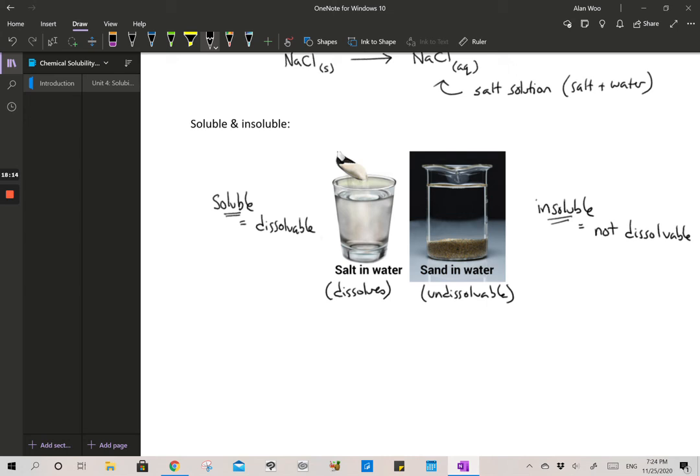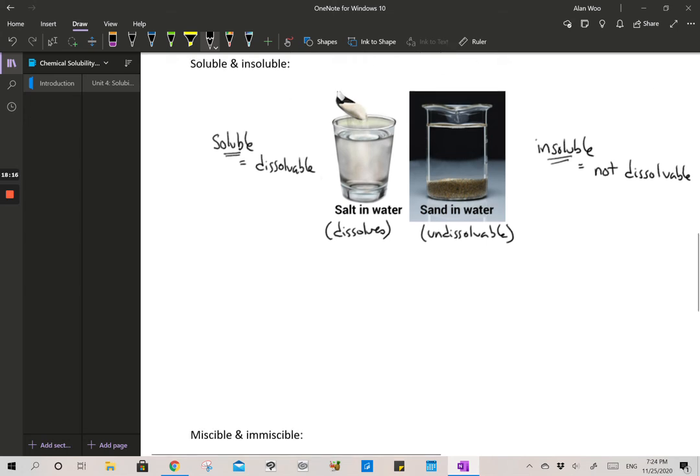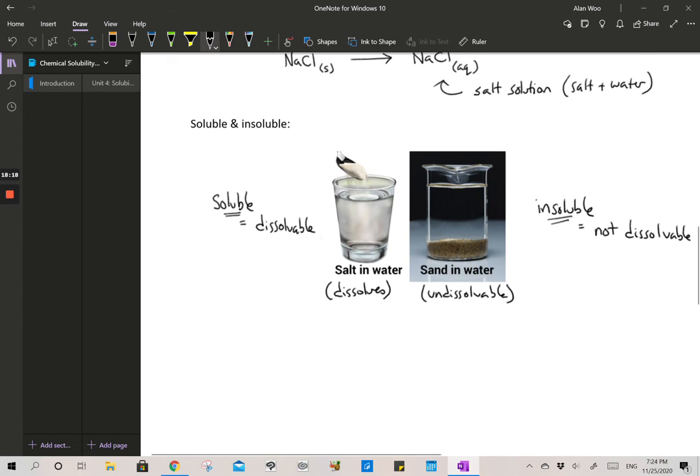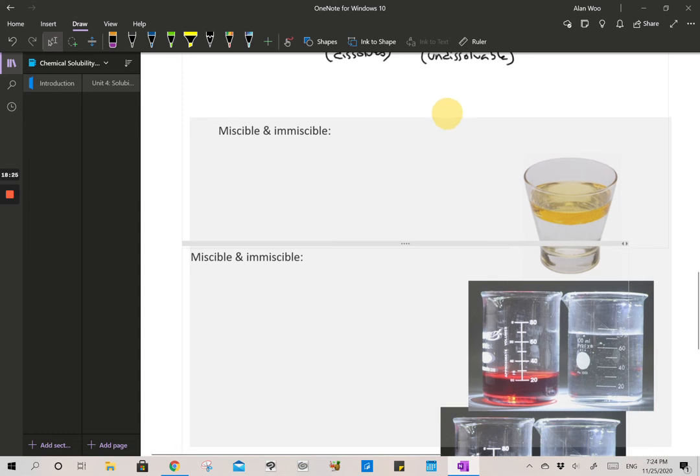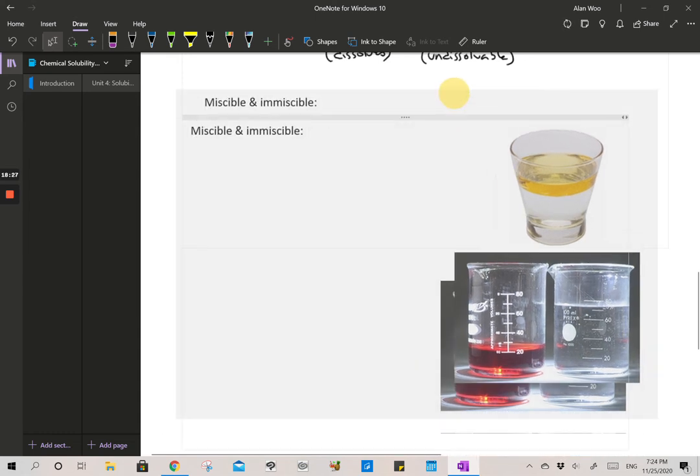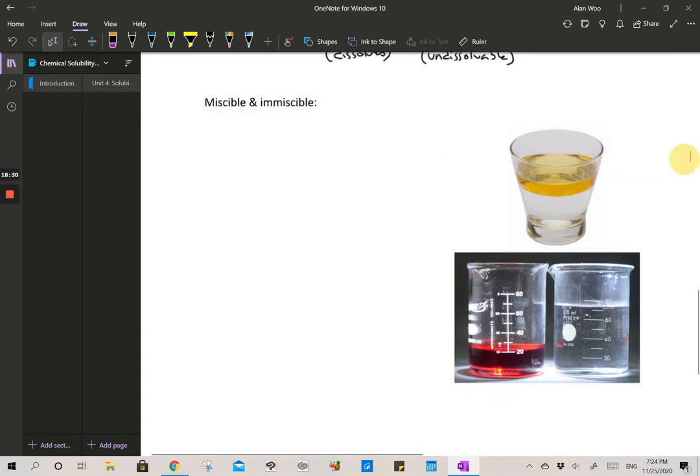There is another one that you'll come across as well. That's again quite similar to soluble, insoluble, and it's over here. So I'll just move this up a little bit. Okay. Here we have the terms miscible and immiscible. Okay. Miscible, again, it has the same meaning as soluble and dissolvable, but it's very specific to the types of solute and solvent.